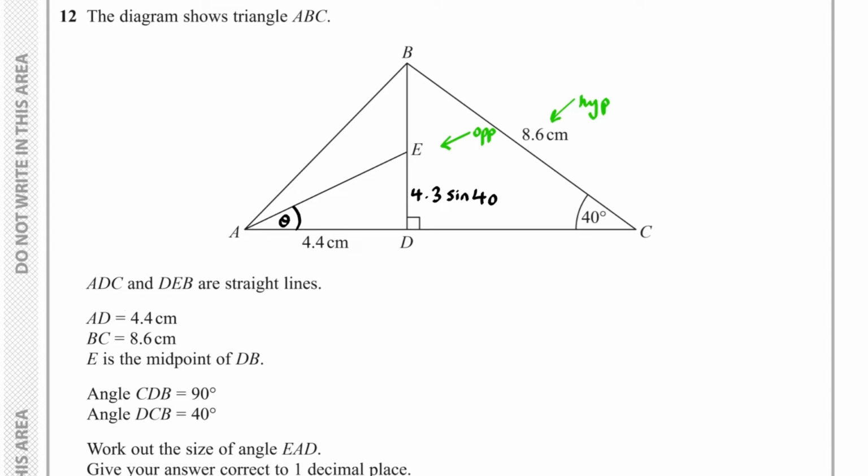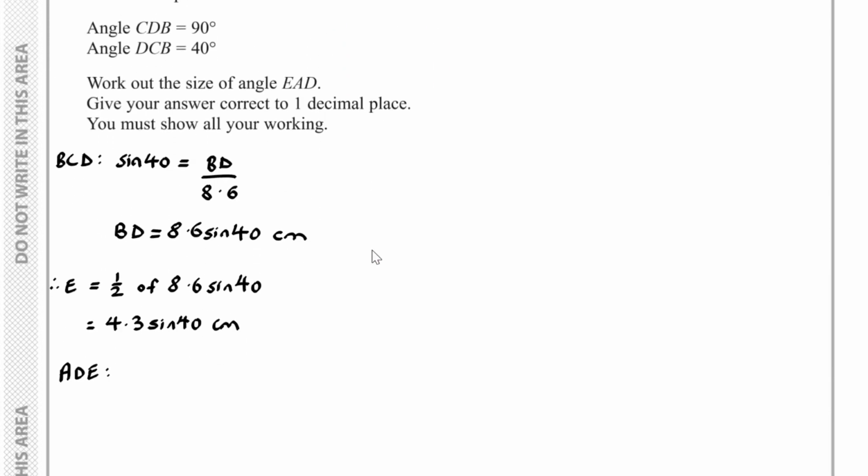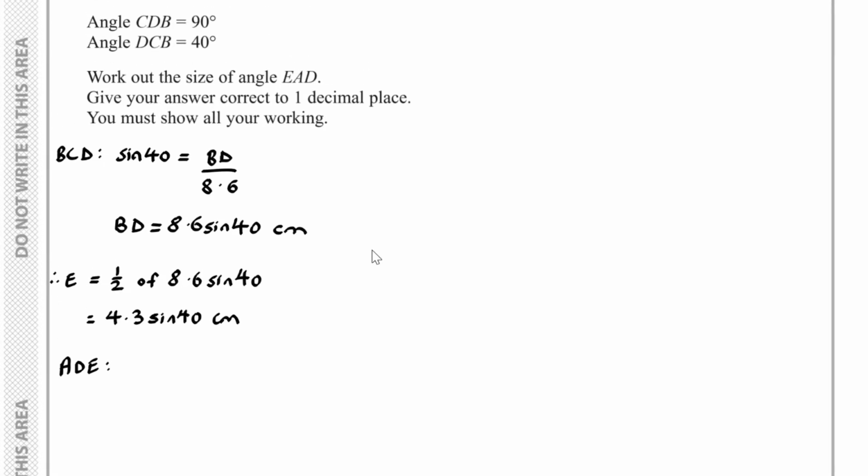we have over here the opposite to this angle theta, that's this 4.3 sine 40. Adjacent to this angle theta, we've got the 4.4. What connects the adjacent to the opposite? That's tan.